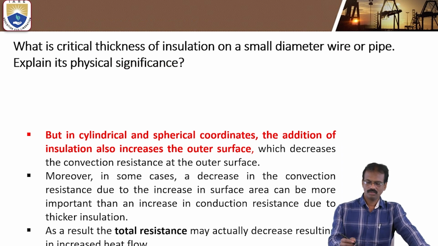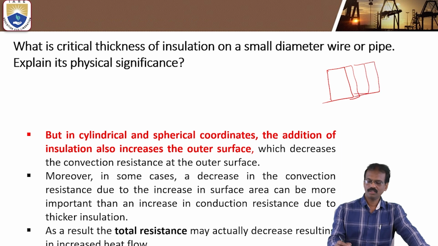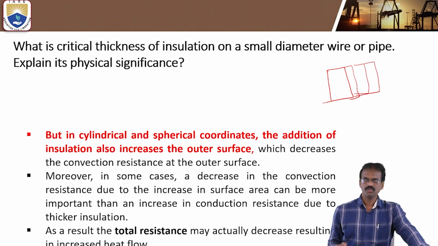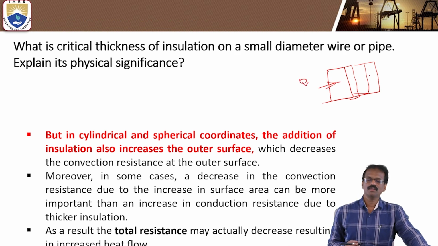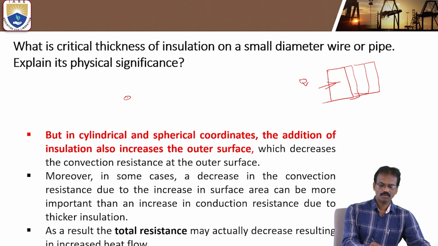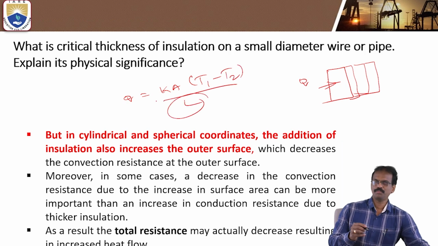We know that for a slab, suppose this is a slab, if you increase the thickness of this slab, the rate of heat transfer Q will decrease, because you know the formula for the rate of heat transfer: Q is equal to kA into the temperature difference (T1 minus T2) by L. L is the thickness of the material.